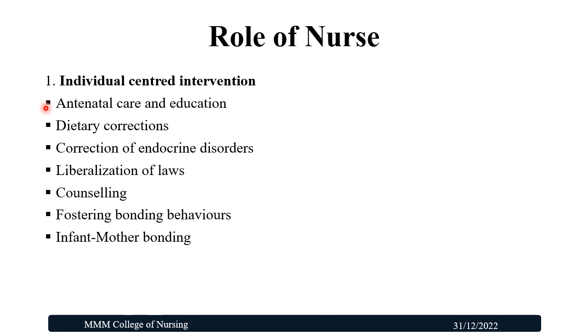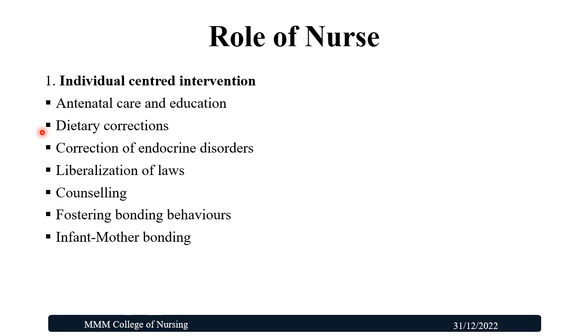The first one is antenatal care and education: promoting regular antenatal care, giving health education on the adverse effects of radiation, drugs and prematurity, ensuring timely and efficient obstetrical assistance to guard against the ill effects of anoxia and injury to the newborn at birth, and even having a screening program for metabolic disorders such as phenylketonuria, hypothyroidism, galactosemia, sickle cell disease, cystic fibrosis, toxoplasmosis, etc.